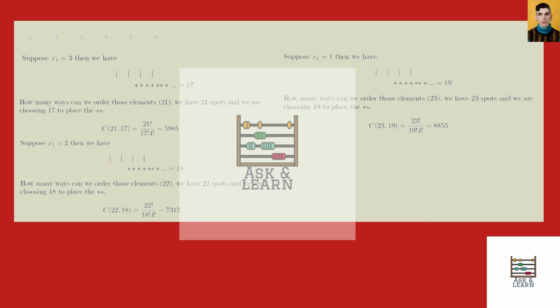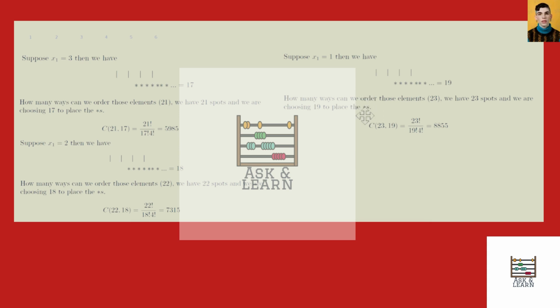We keep going. We do the same for x1 equals 1. We have 5 spots. We are placing 19 stars. So we have a total of 23 spots that we have to choose 19 to put the stars.